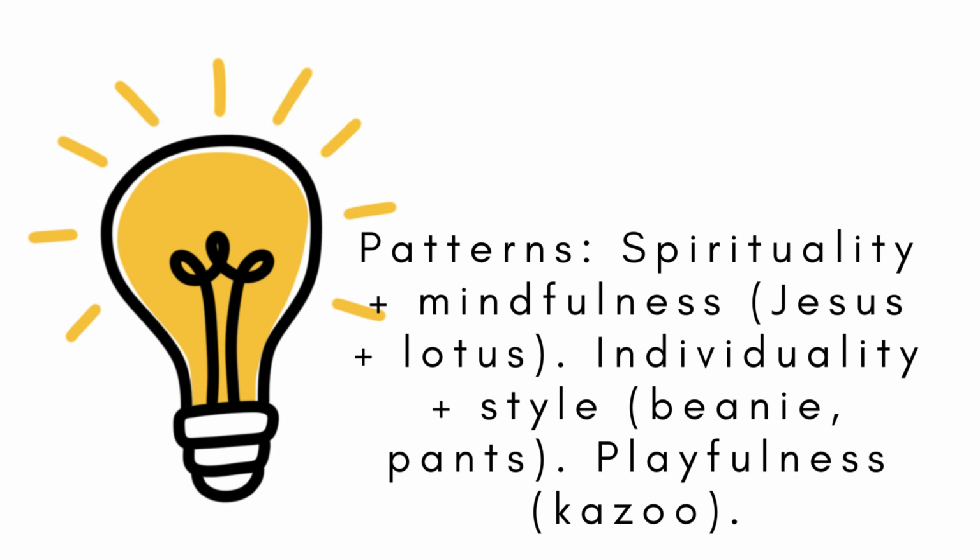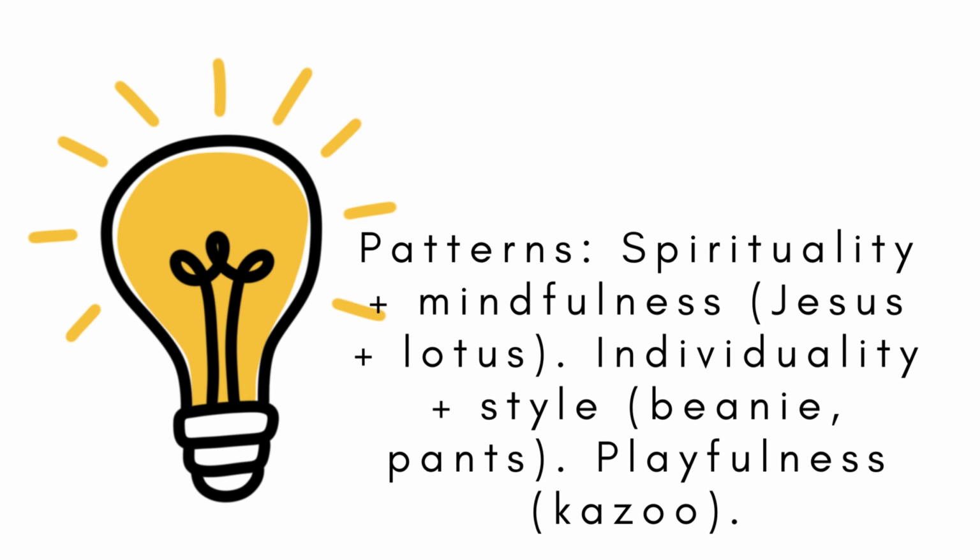So the patterns here that we've got to focus on. I'm seeing with these five items that spirituality and mindfulness seem to be present because we've got Jesus and we've got the lotus. So I'm going to think that they're primarily concerned with individuality, style, the beanie hats, the playfulness, the kazoo. I begin to just build a character rendition in my mind.